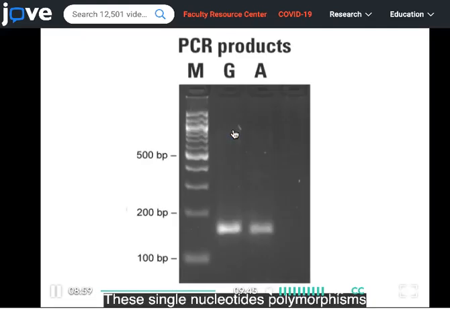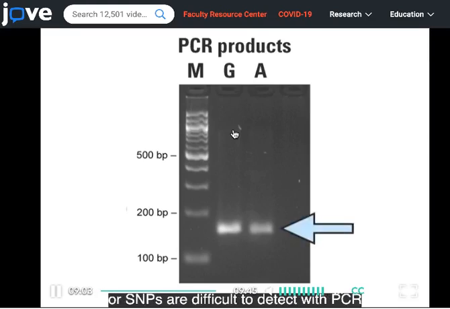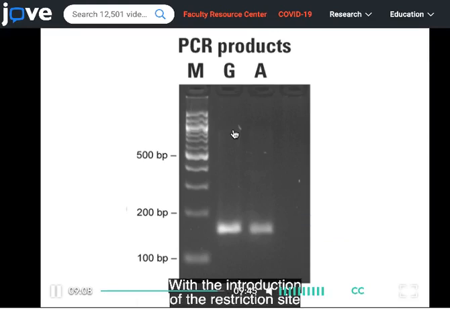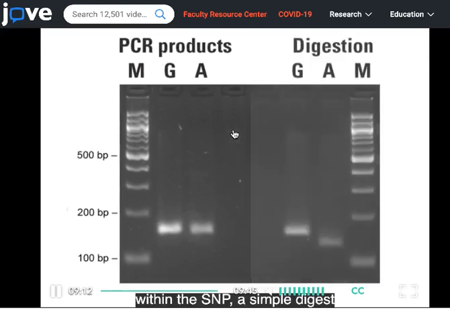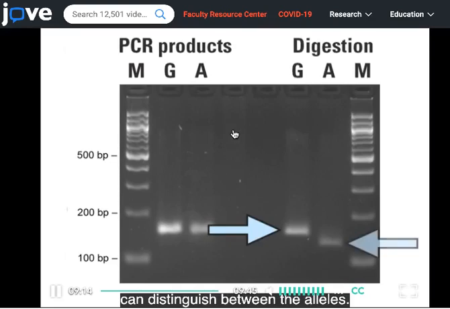These single nucleotide polymorphisms, or SNPs, are difficult to detect with PCR and gel electrophoresis alone. With the introduction of the restriction site within the SNP, a simple digest can distinguish between the alleles.